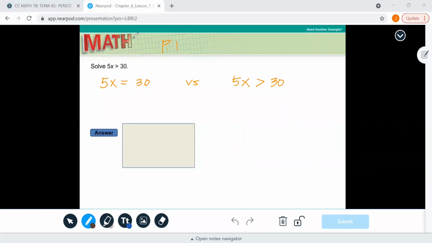Okay, so let's go over this together. Solve for x. So undo this operation by dividing by 5 on each side. So x is 6 for this equation. And we solve this inequality the way we solve equations. So divide by 5 on each side. X is greater than 6.